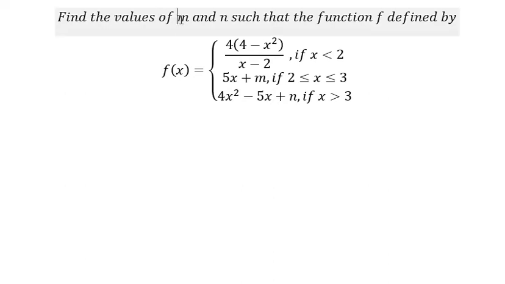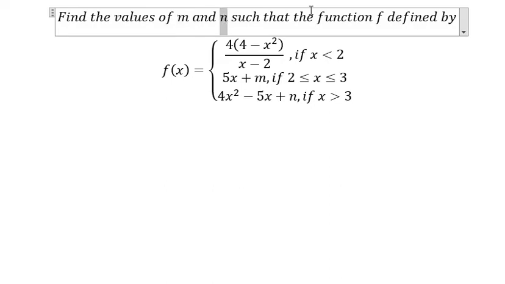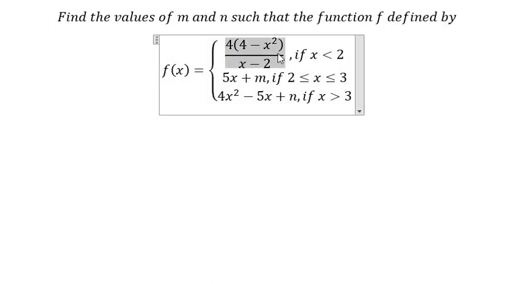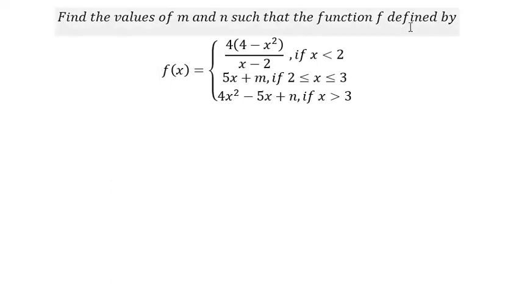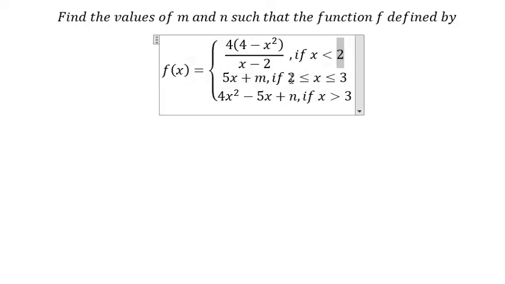We need to find the value of m and n to make sure that the function f is continuous. That means the limit on the left and the limit on the right should be equal. So we have number 2 and number 2 in here.